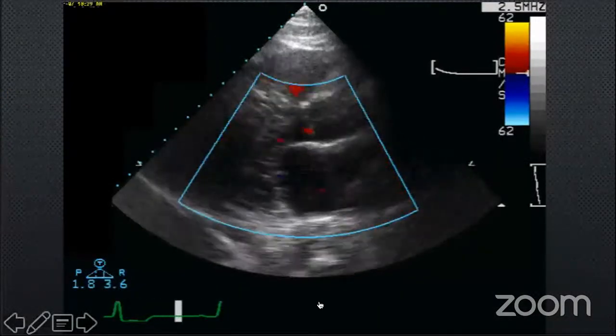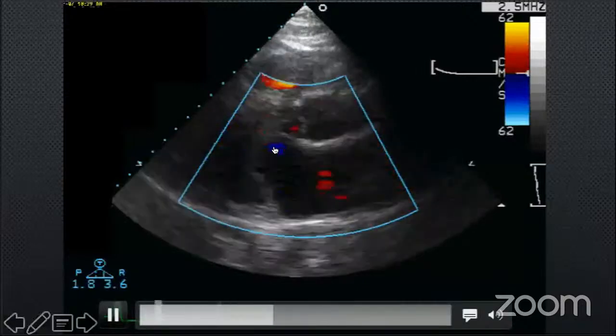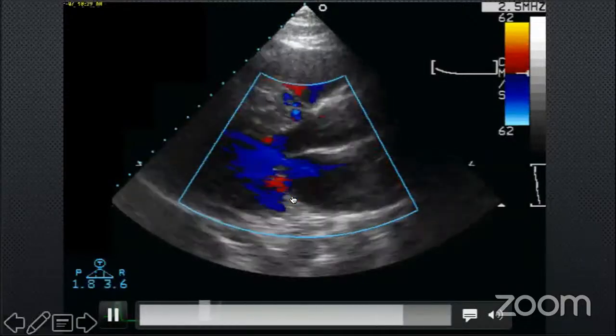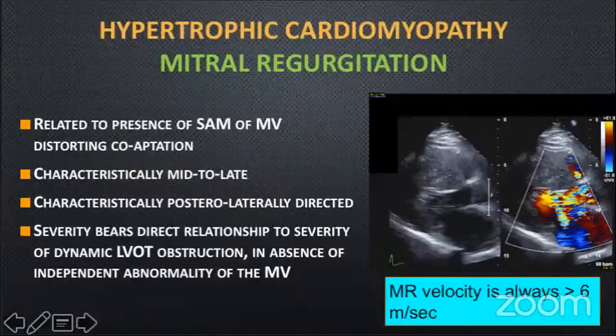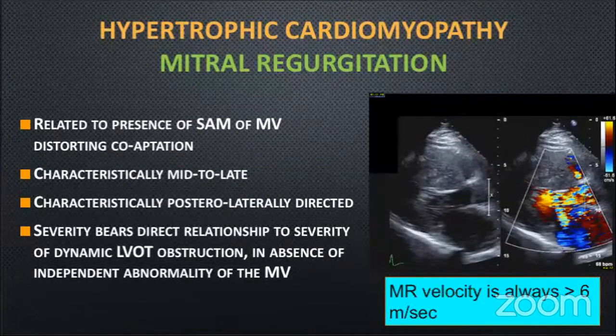And this is beautiful to show you the acceleration and the mitral regurgitation occurring at the same time. And this is the systolic anterior motion, the mitral regurgitation, and the gradient, all of them of the same patient, showing us the degree of the thing.